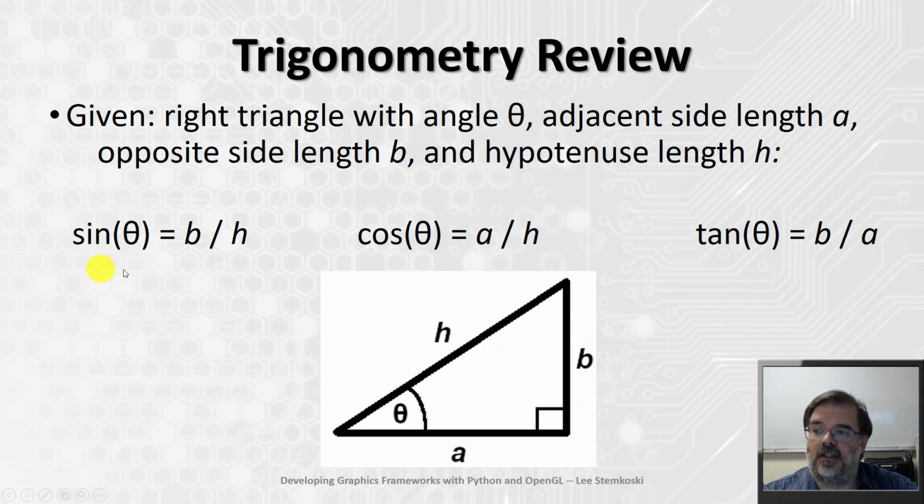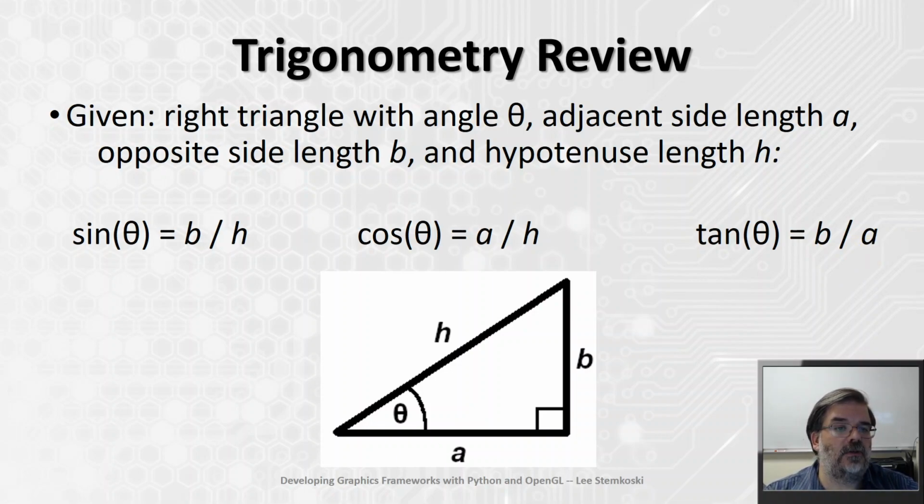So in particular, sine of theta is b over h, the opposite side divided by the hypotenuse. Cosine of angle theta is a divided by h, the adjacent side divided by the hypotenuse. And the tangent of an angle is the opposite side divided by the adjacent side. So in this case, b divided by a.